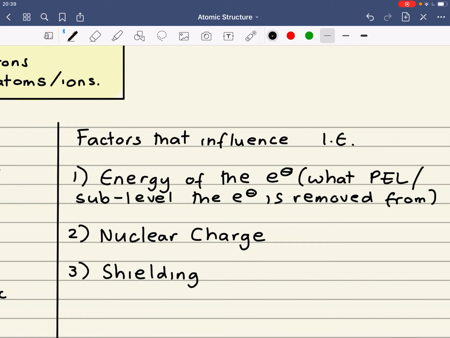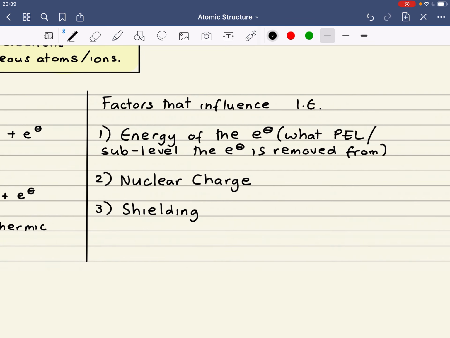And that is where the electron being removed is being shielded by the inner electron shells. The effect of the nucleus attracting the electron is being minimised by the inner electron shells. And we'll discuss each of these factors in more detail when we look at some individual examples.